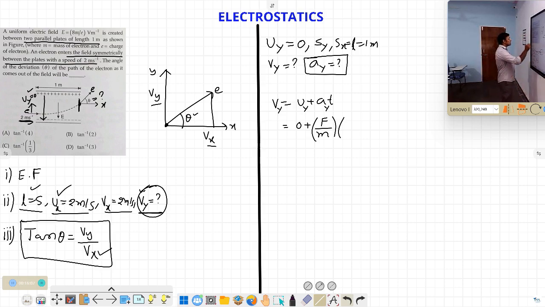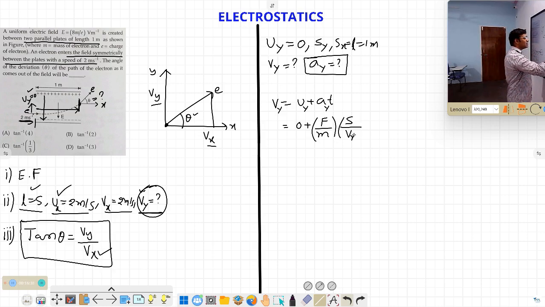So how much time will it take from here to here? The time taken for the electron to reach this position is the same time it goes in the forward direction. So time is equal to distance by velocity.